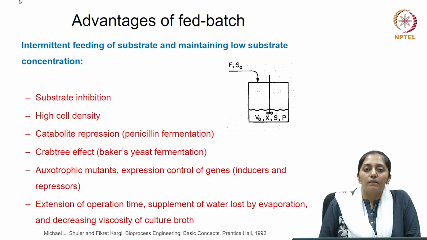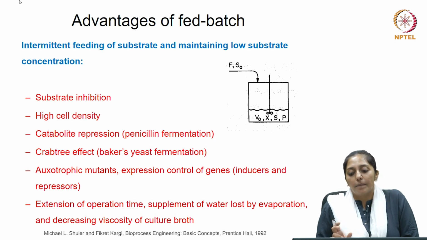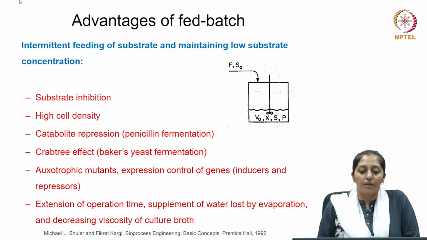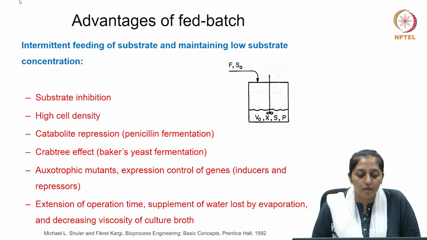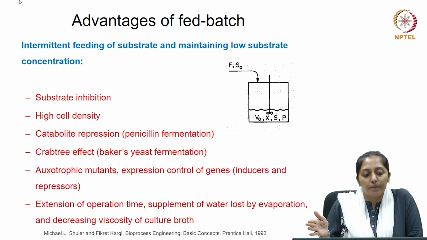Now, let us take some examples of the advantages of a fed batch process. Intermittent feeding of substrate and maintaining low substrate concentration. Let us take some examples like substrate inhibition. Imagine inside a reactor there is only one feed stream, an inlet stream, but no outlet stream.